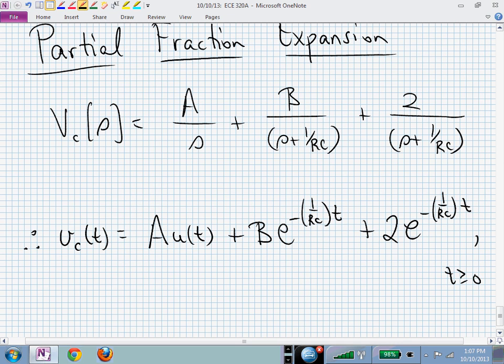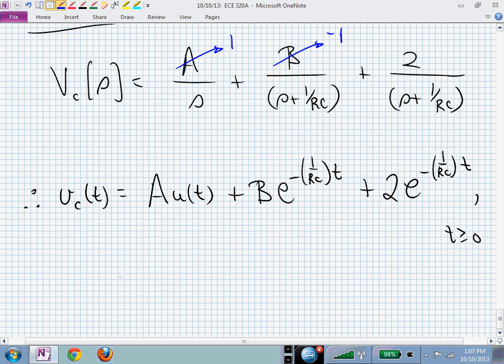If you were to go back and find these coefficients, you would actually see that A becomes 1 and B becomes minus 1 if you actually solve for those using partial fraction expansion, which now says that we have 1 minus e to the minus 1 over RC t plus 2 e to the minus 1 over RC t.